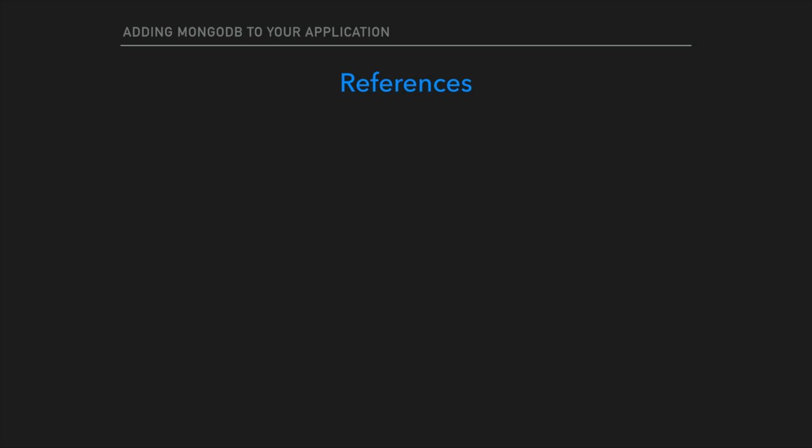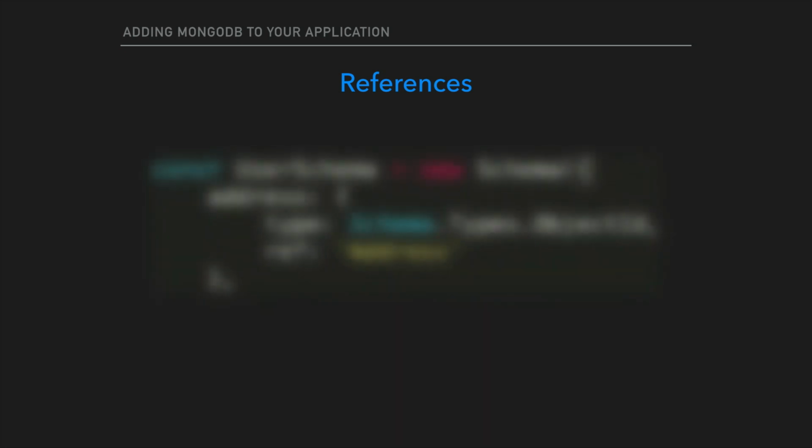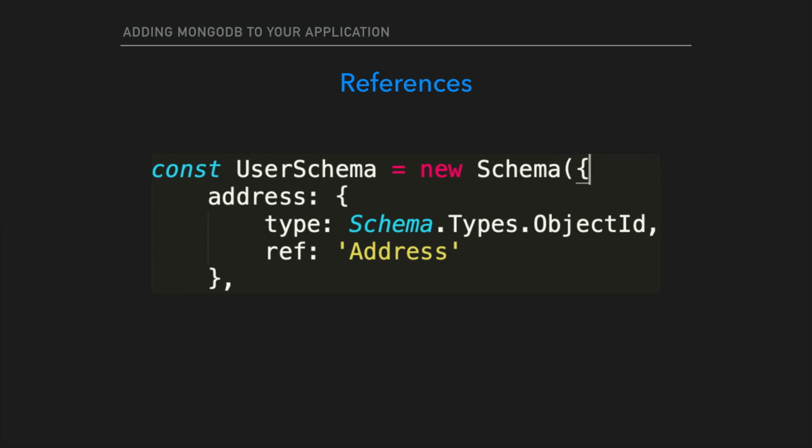And if you would like to reference the address from the collection addresses, you would add a field to your user schema called address. The value would be an object. The first property would be type, object ID, and the second property would be ref, R-E-F, with the value addresses.